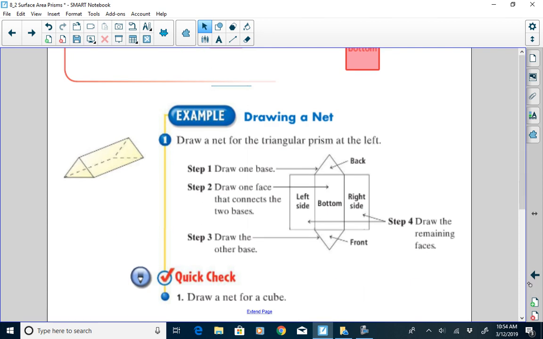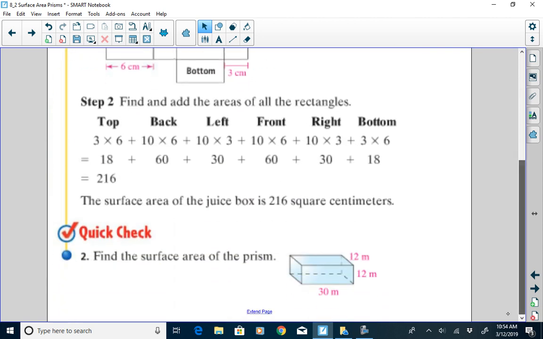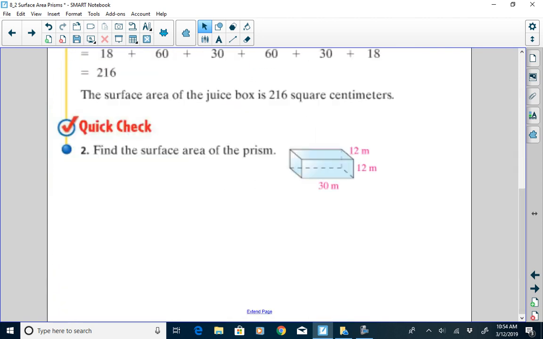All right? So let's take a look at our first example. Let's try to find the surface area for this rectangular prism. When we find surface area, I like for my students to decompose that three-dimensional figure into several two-dimensional figures.